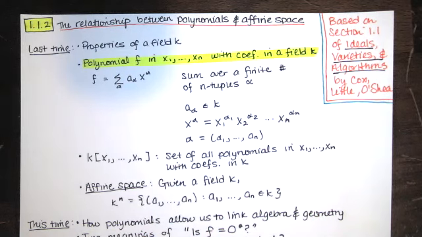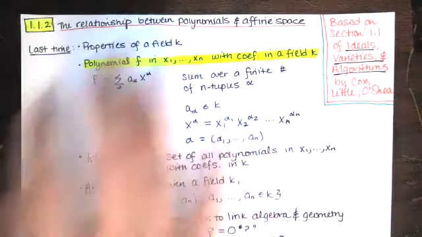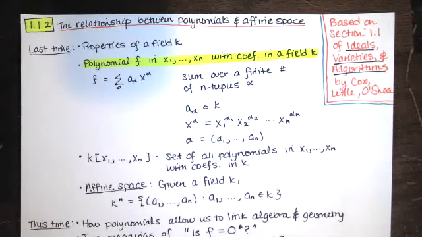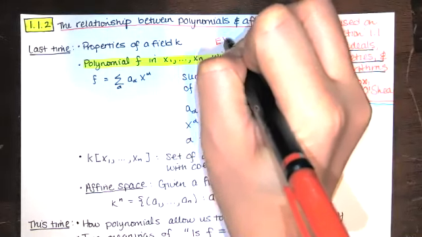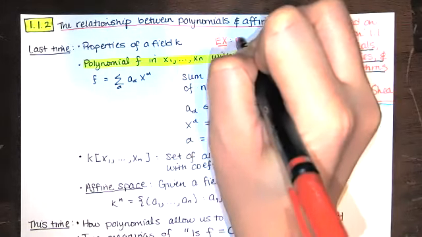Okay, so last time we talked about the properties of a field K. Basically, a field is just a set where the expected properties that we're accustomed to, like addition, subtraction, multiplication, and division, they all hold. So a few examples of a field include the set of real numbers.